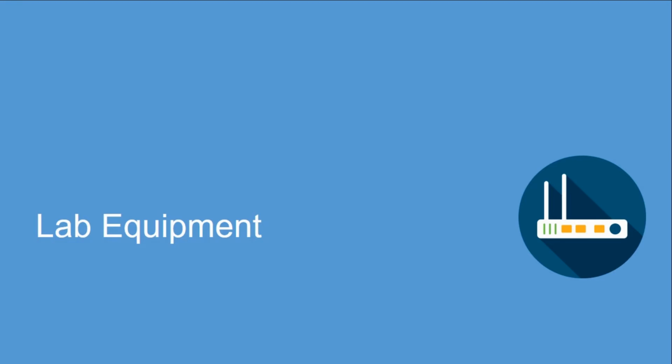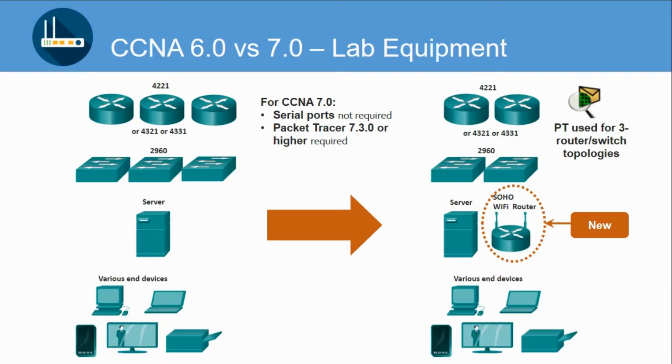Now, regarding the devices that we are using in this module, let me share with you the routers and other devices that are used in version 6 and version 7. You will notice that the routers we are using here are the router 4221 or 4331. Catalyst switch 2960 is present.